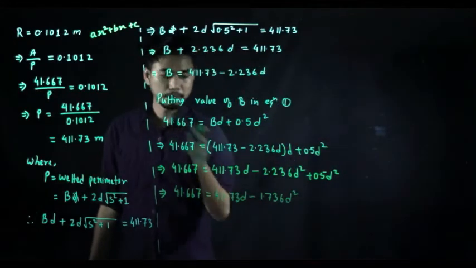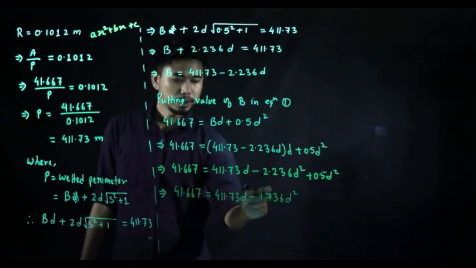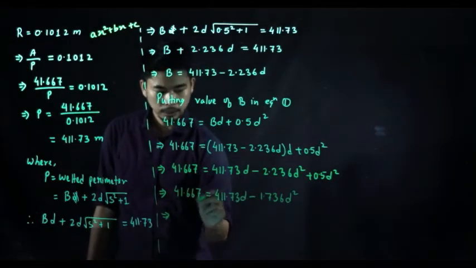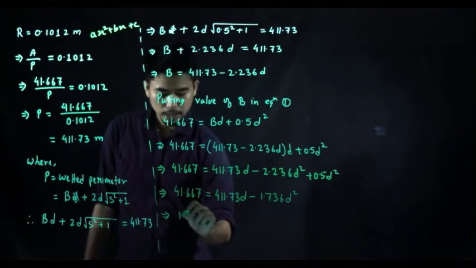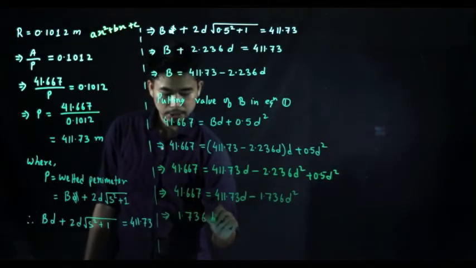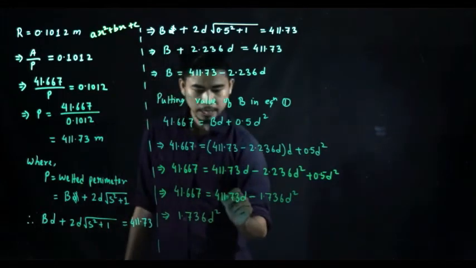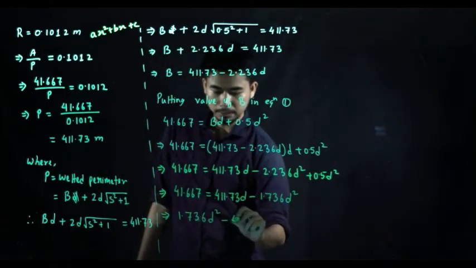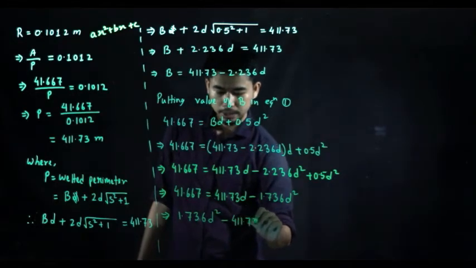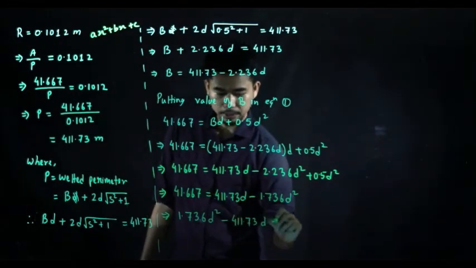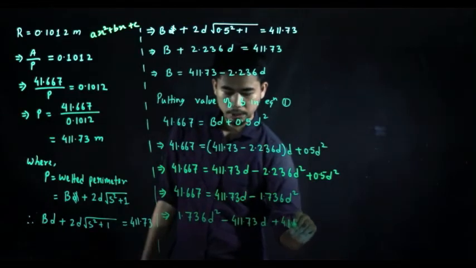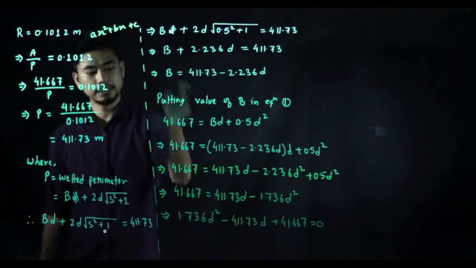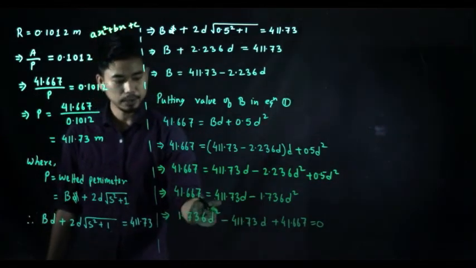Since this is negative, you have to make it positive, so you bring it to the other side. So 1.736 D square, then 411.73 D, which is already positive, goes to the other side and becomes negative, and 41.667 equal to 0.